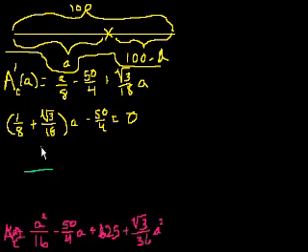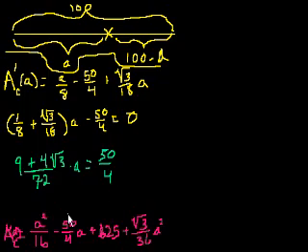It's 72. And 1 over 8 is the same thing as 9 over 72. And 18 goes into 72 4 times. So that's 9 plus 4 square roots of 3, over 72, and all of that times a is equal to 50 over 4.